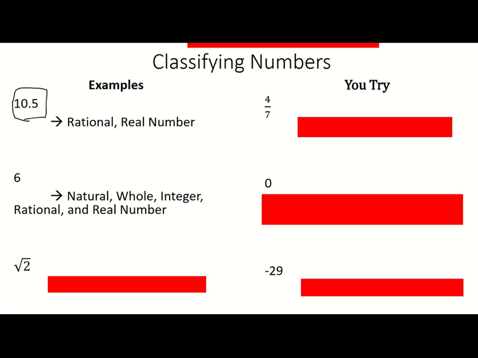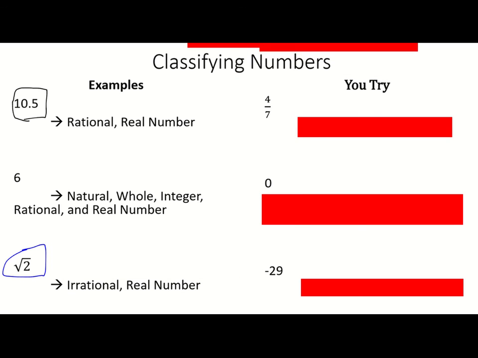That is going to be an irrational number. Irrational numbers are numbers that never end, they go on forever, or they are imperfect square roots, just like the square root of 2. So again, this one right here was an irrational real number. Do not forget to always classify these numbers as real numbers as well.